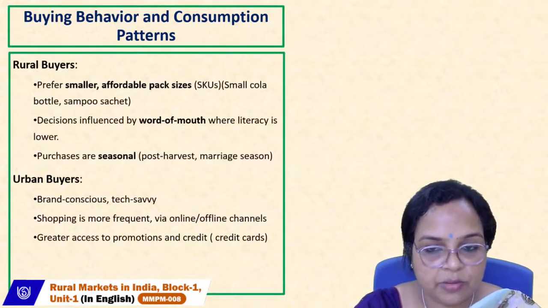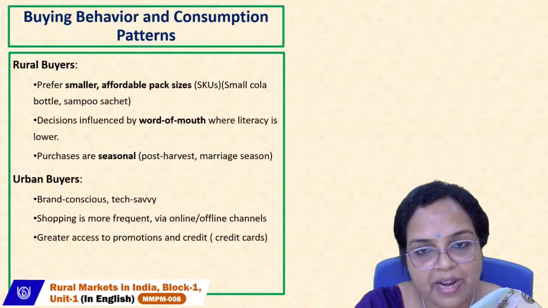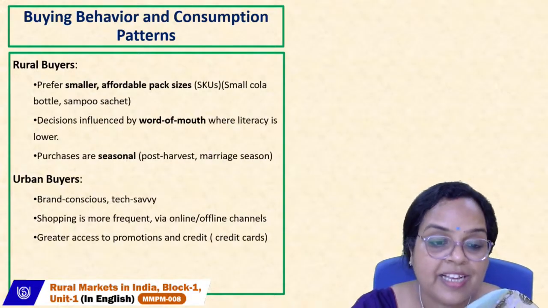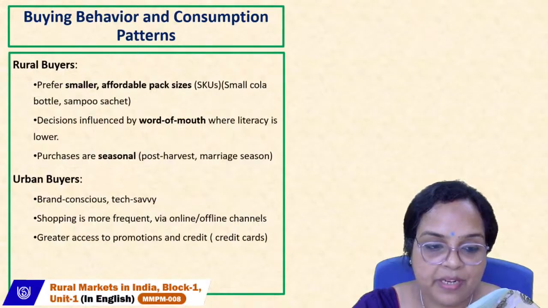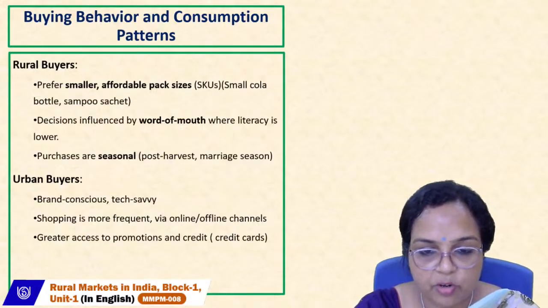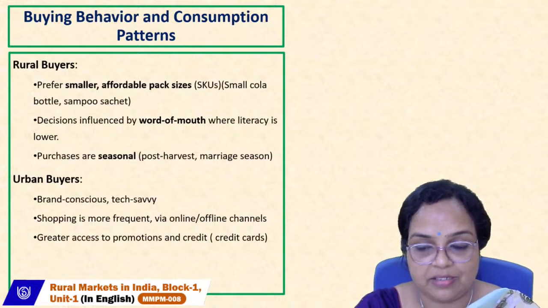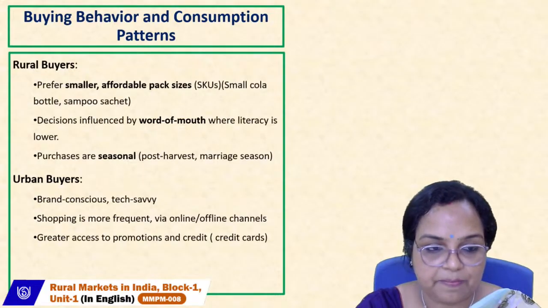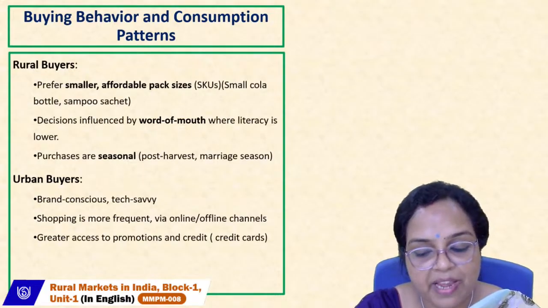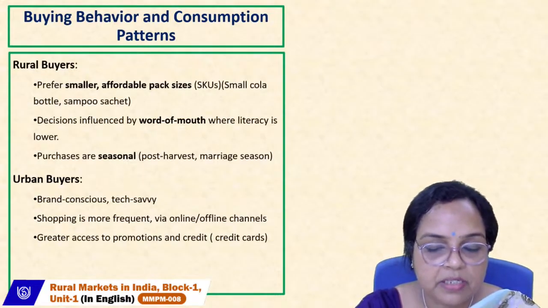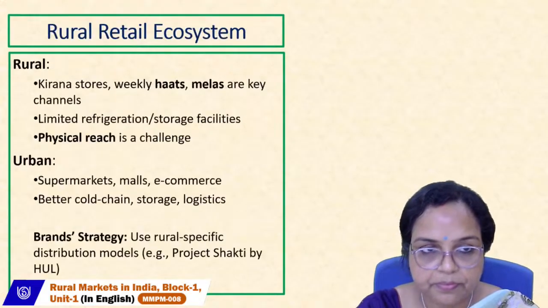Let it be Monday or Tuesday or the weekend, they are always packed in a shopping mall. So shopping or buying behavior is frequent for urban buyers, let it be online or offline. They have access to credit cards and easy money availability. That is the difference in buying behavior between urban buyers and rural buyers.